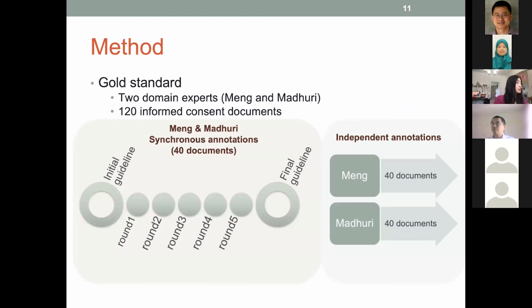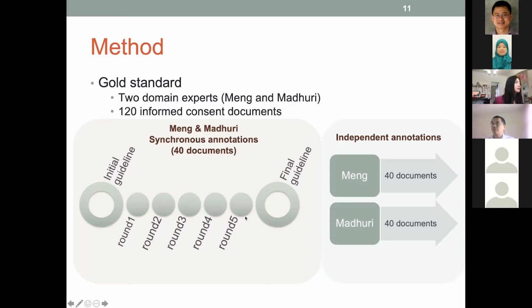So after drafting our initial guideline, we proceeded to develop our gold standard. Our corpus included 120 informed consent documents collected from online resources, including websites of IRBs, clinical and translational research groups, Offices of Sponsored Programs, Offices of Research within universities, hospitals, research institutes or biobanks, etc. First, 2 annotators annotated the same documents for a total of 5 rounds.